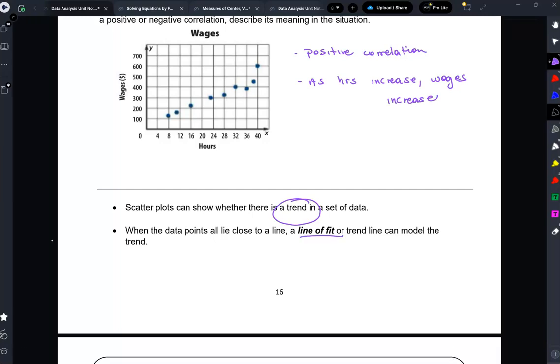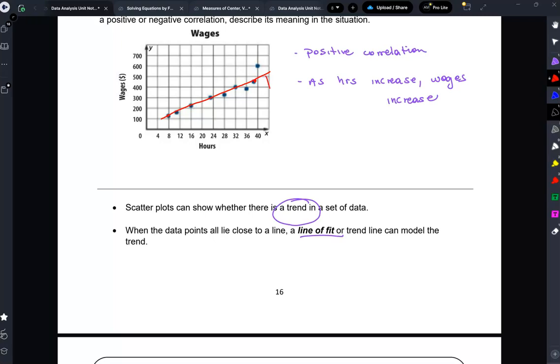Which is something that can model the trend. So, for example, if I choose well enough two points, I can draw a line that goes through pretty much all of the points, right? That is like centrally located in all of the points.